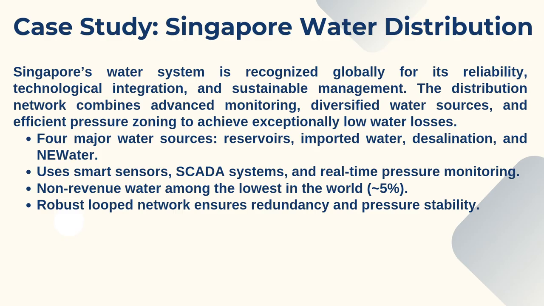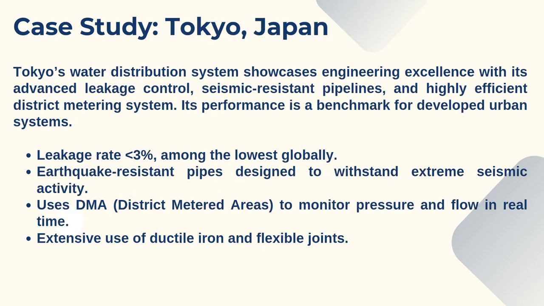There are four major water sources in this case, like the reservoir, imported water, desalination, and also NEWater. It uses smart sensors, SCADA systems, and real-time pressure monitoring. And next is the non-revenue water, among the lowest in the world, like this 5%, and a robust loop network ensures redundancy and pressure stability.